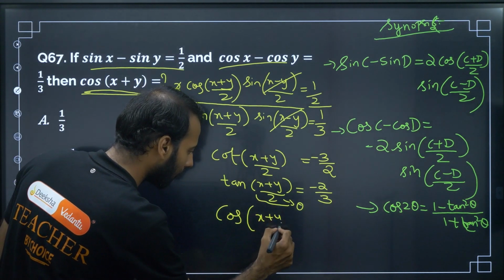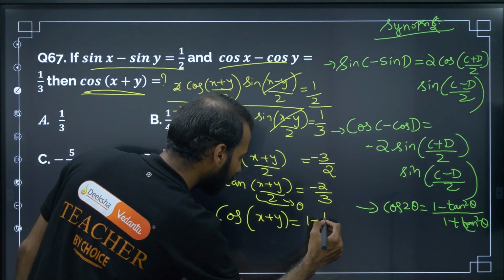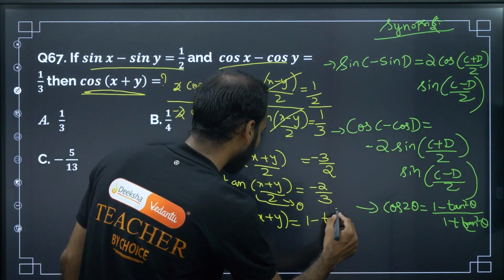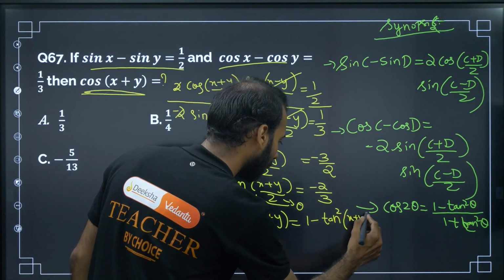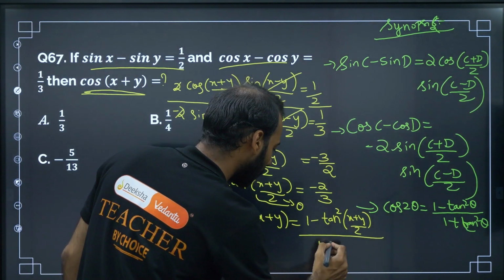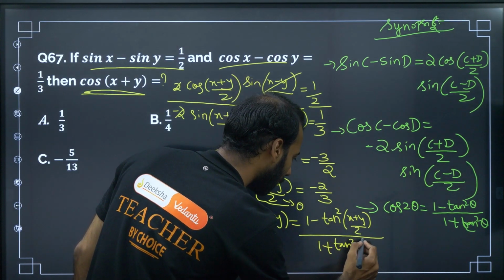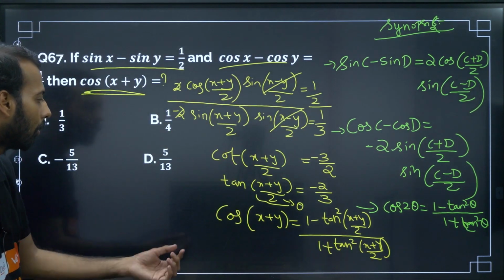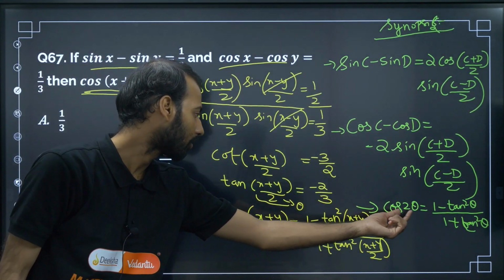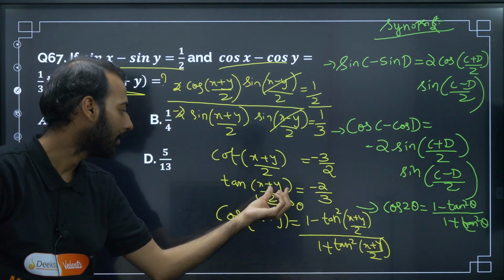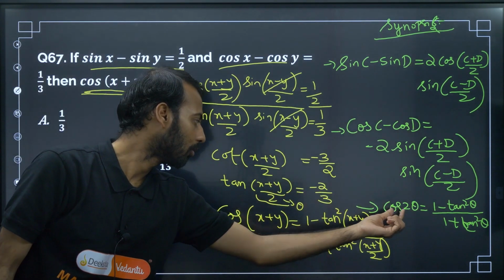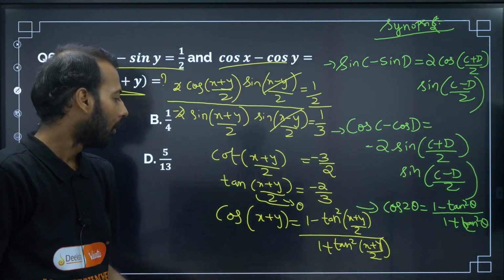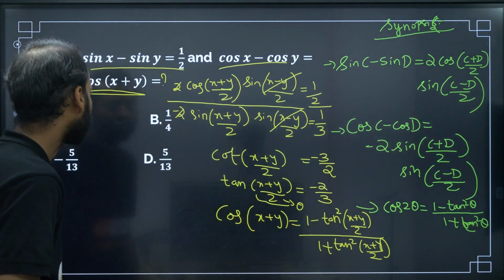So cos of x plus y is 1 minus tan square of x plus y by 2, divided by 1 plus tan square of x plus y by 2. I am relating this to that formula, and you will get to know what I am doing.